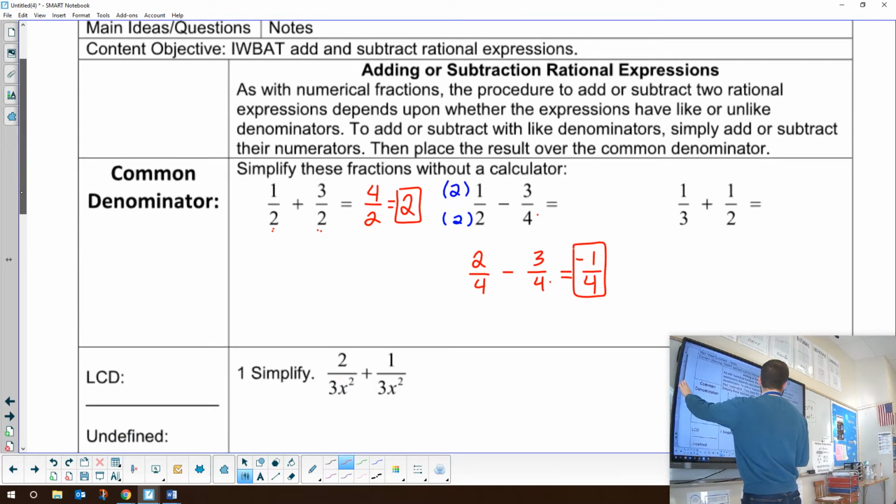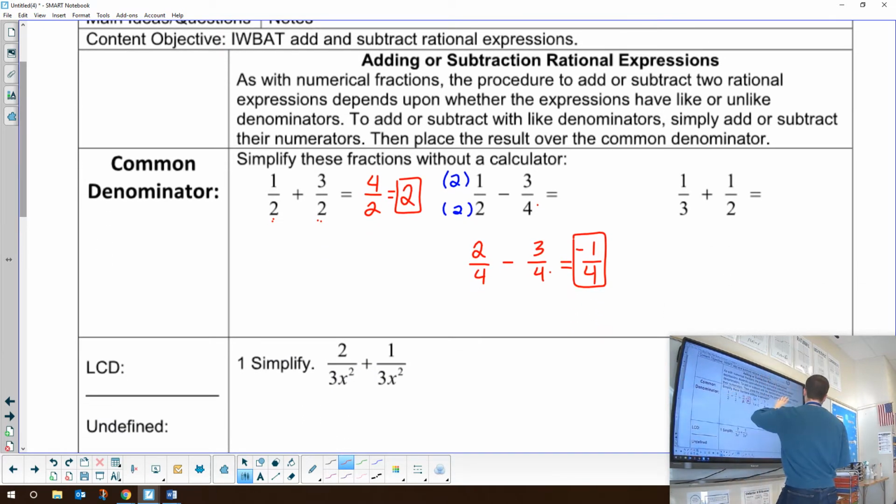All right, same thing's true for this one. We have 1/3 and 1/2. We're just adding these two together. Now we need to find the least common denominator, the smallest number that both of my numbers go into here. And in this case, my smallest number is 6. 3 goes into 6, and 2 goes into 6.